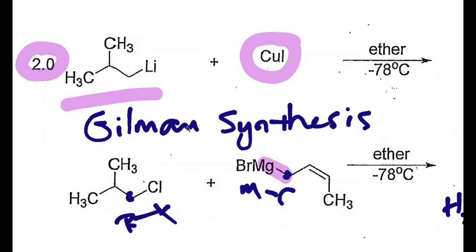Am I making a Gilman reagent? Is that how I make it? Isn't that how we make the Gilman reagent? Yes, with 2 equivalents of alkyl lithium plus copper iodide. So what did I get from that?